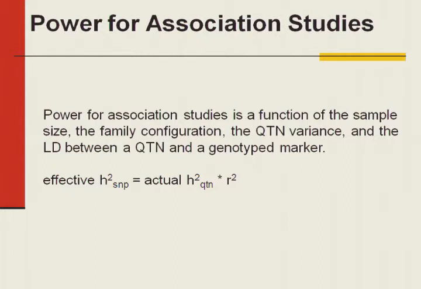Of course, once we get down to the whole genome sequence, this question to some extent disappears. We no longer have to worry about the LD between our functional variant and what we've got genotyped, because we've got everything genotyped. Then the problem turns on its head and becomes different.